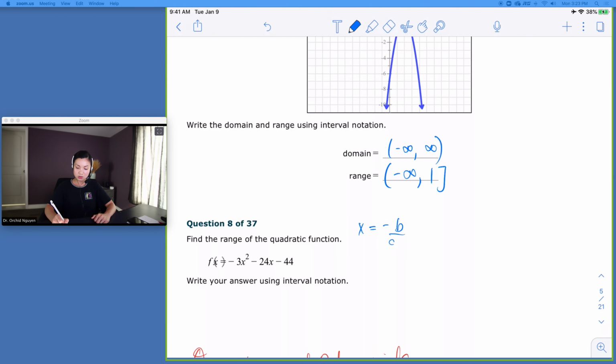Negative b over 2a. So I have 24 over 2 times negative 3. Negative 4. Now I have to find y because the range is the y value, so f of negative 4.